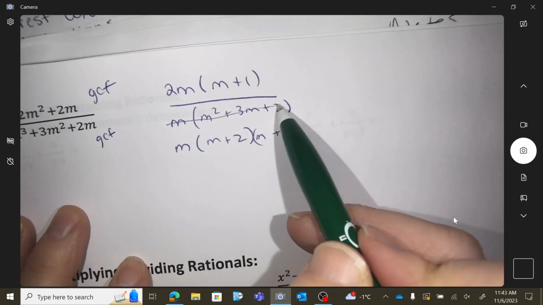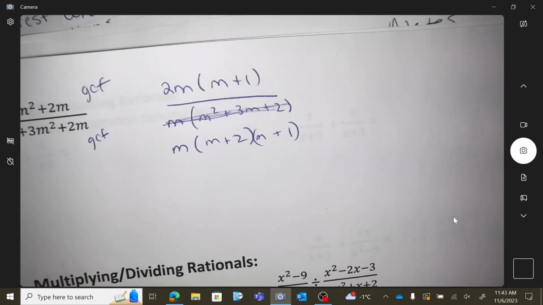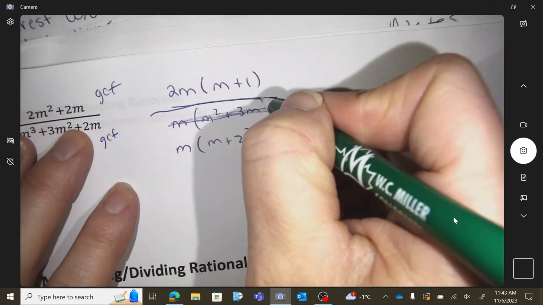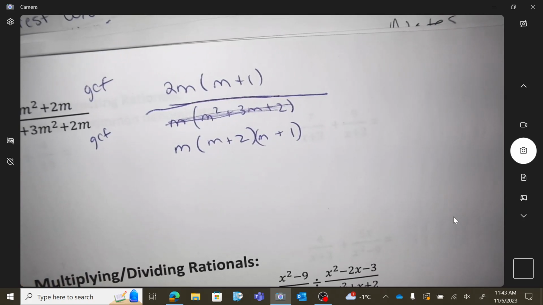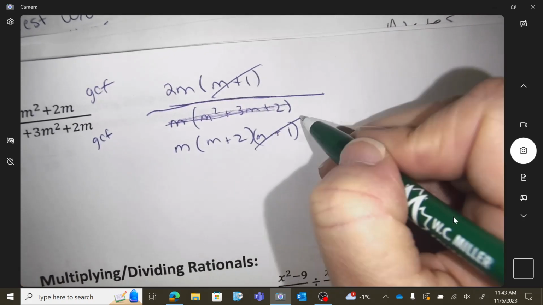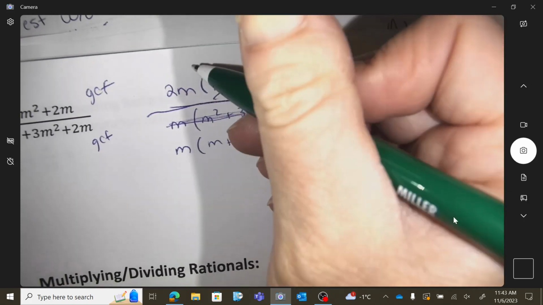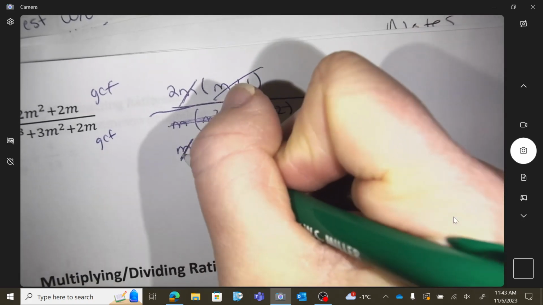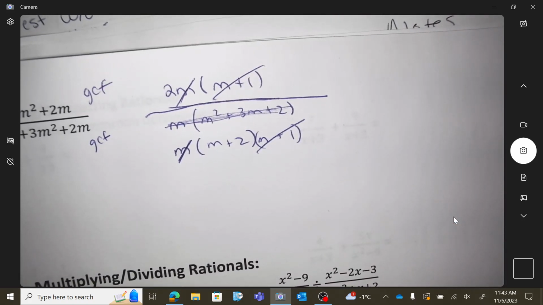Okay, just so you're looking at those two. Is there anything you can cancel from a top and a bottom set? M plus 1 and M. Those are multipliers, right? 2 times M times the bracket.